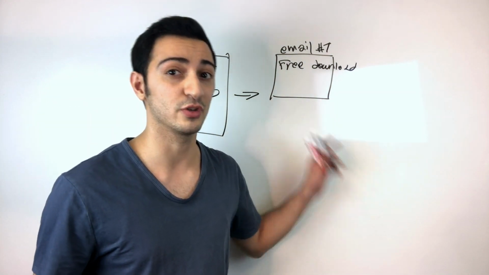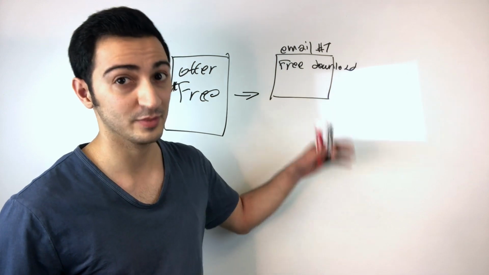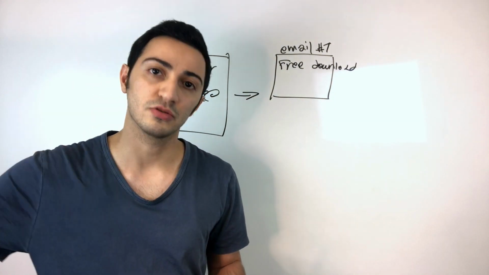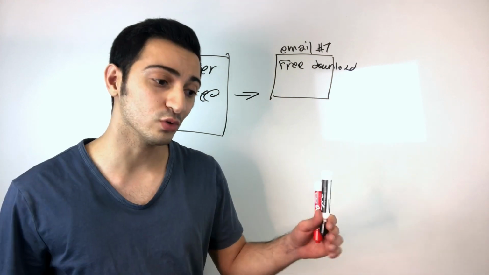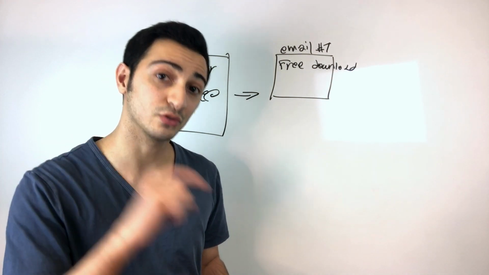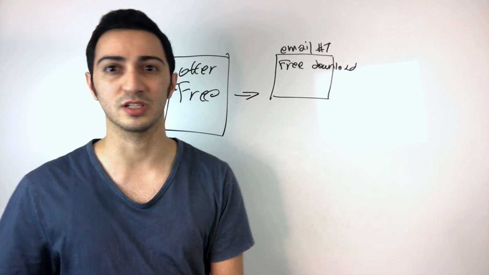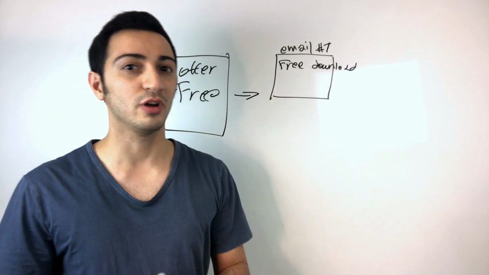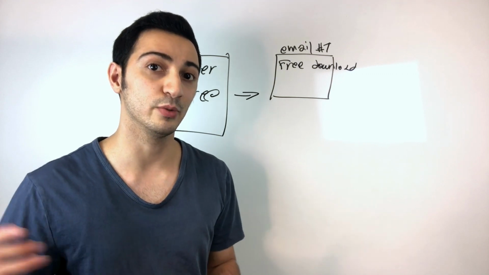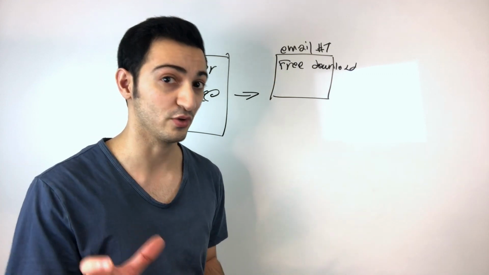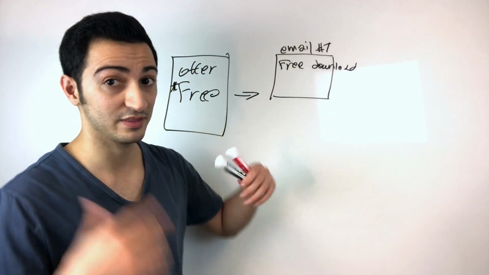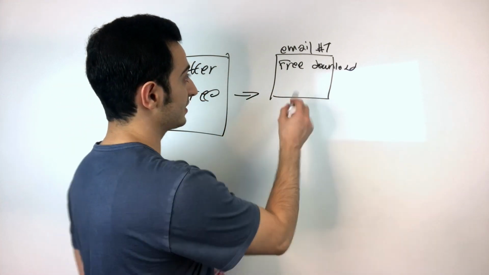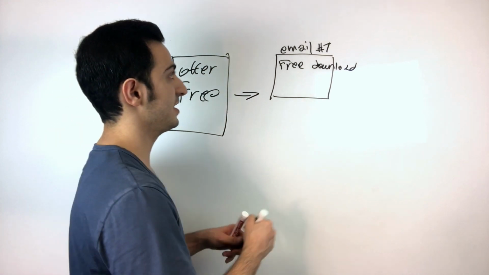That's really good for you, because if they open the first email to download whatever you're offering, the open rate on your next emails is going to go up, and also your emails are not going to go to spam or the promotions box, because they opened an email from you initially. So this is really important. Always try to get people to double confirm: confirm their email and get their incentive in the first email. That's where I just give them the incentive.